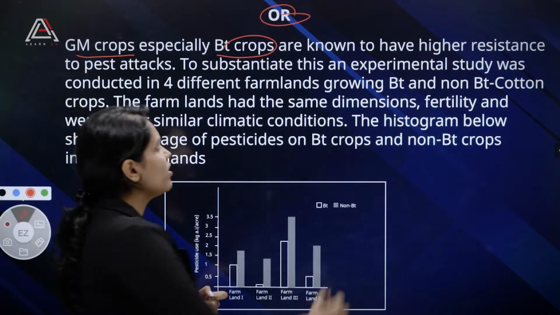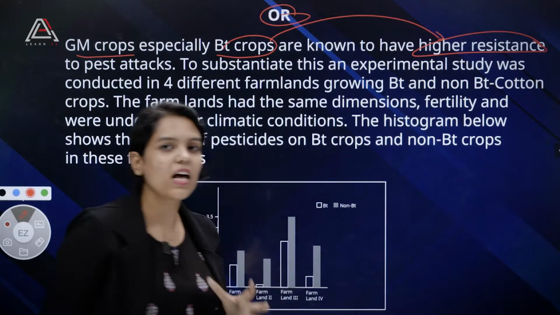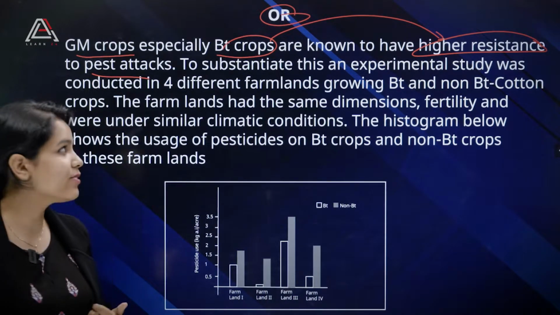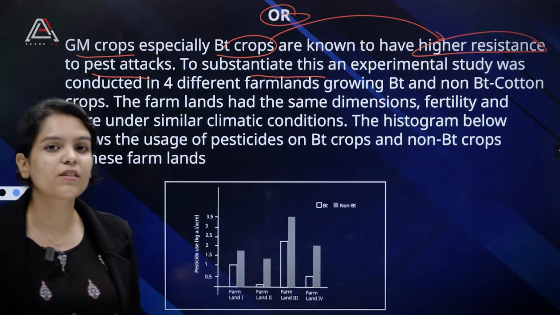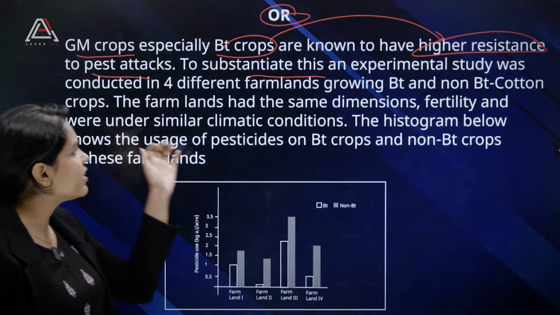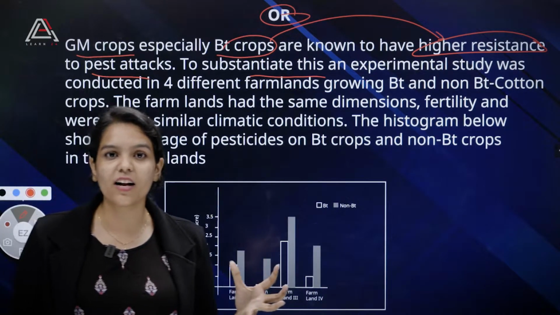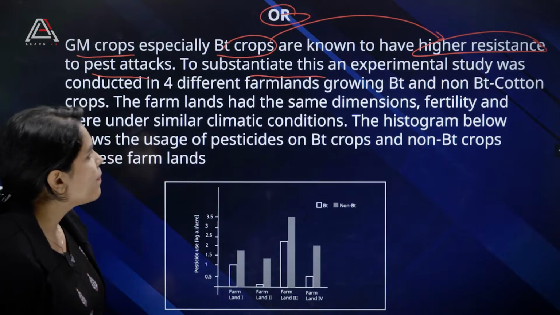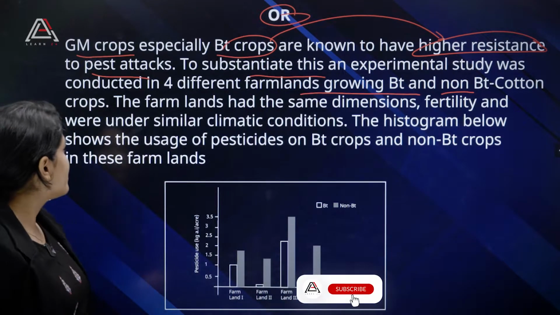So we know that BT crop has higher resistance to any sort of pest attack. Next, they are saying that to substantiate this, an experimental study was conducted in 4 different farmlands growing BT and non-BT crops.